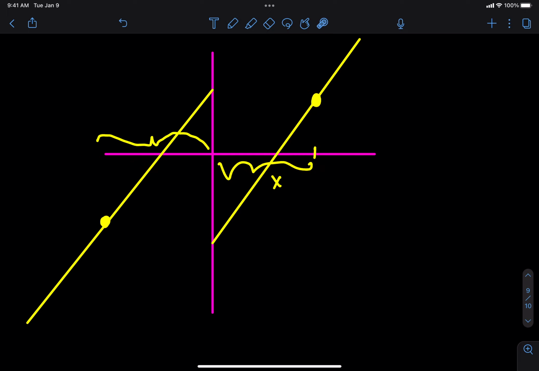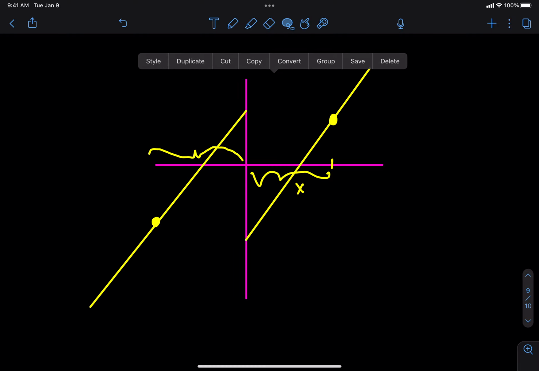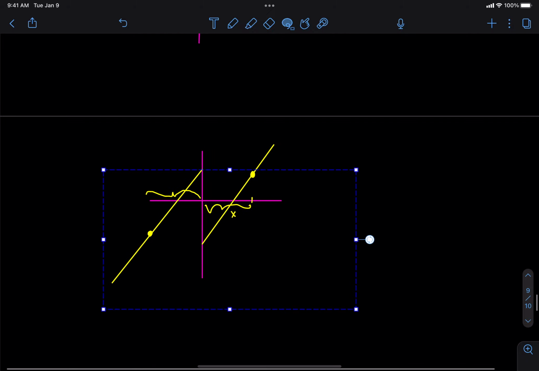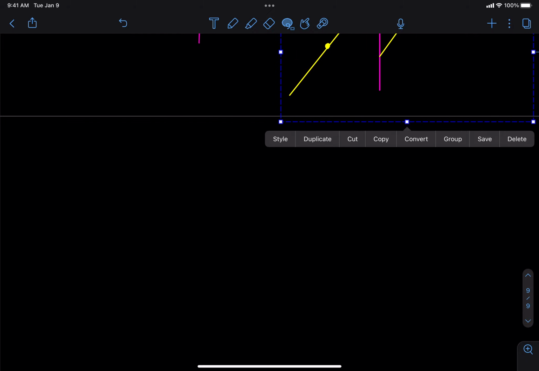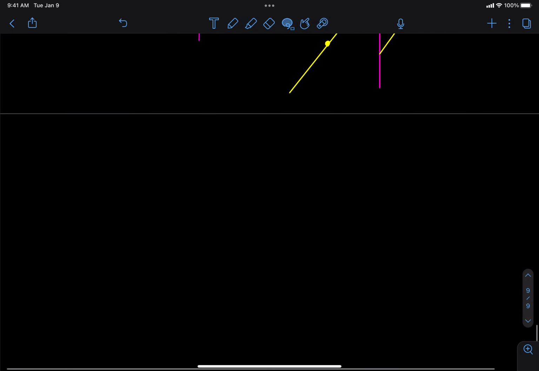So you can cook up some very strange looking odd functions, or even functions if you use piecewise functions, right? Okay, any more questions on even and oddness? Okay, doesn't seem like there are, so let's move on to a new topic.